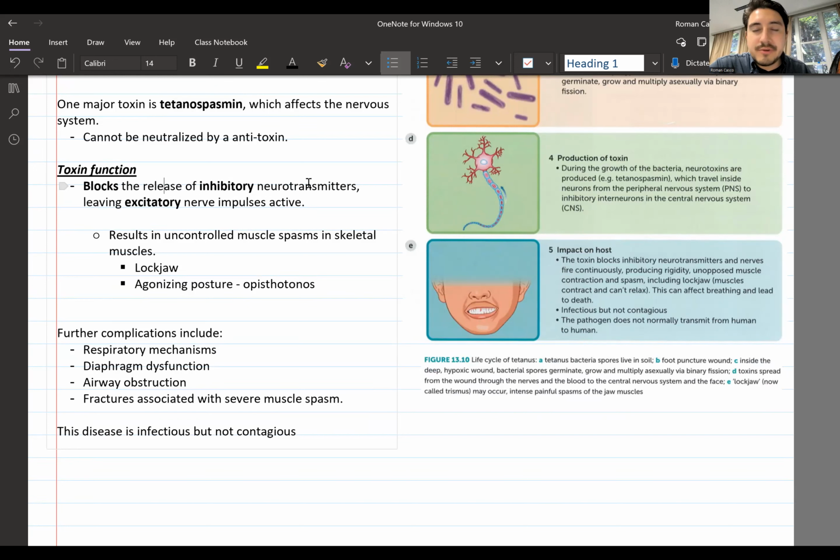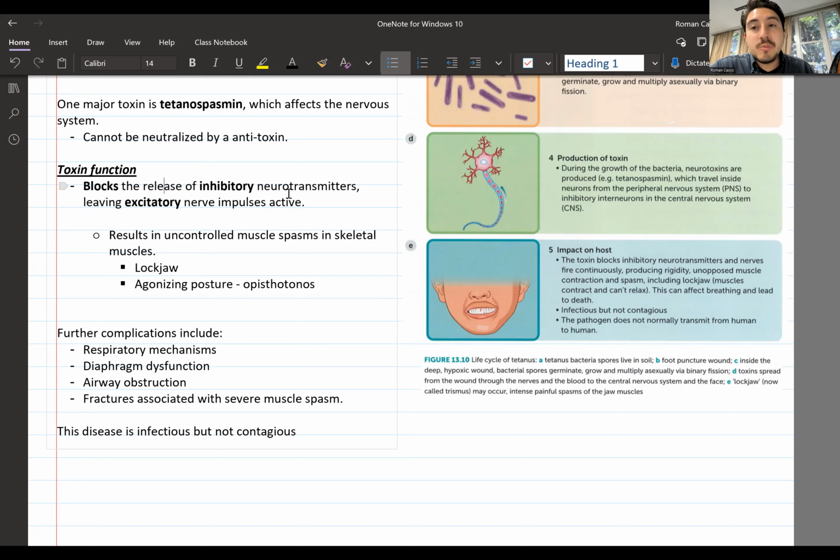I don't know if you've seen with Mr. Naughton, but there are inhibitory neurotransmitters and excitatory neurotransmitters, basically stopping a nerve impulse or promoting a nerve impulse. In this case, you have a toxin that blocks the inhibitory neurotransmitters. If you block these inhibitors and the excitatory neurotransmitters are active, you're going to always have a signal being produced.